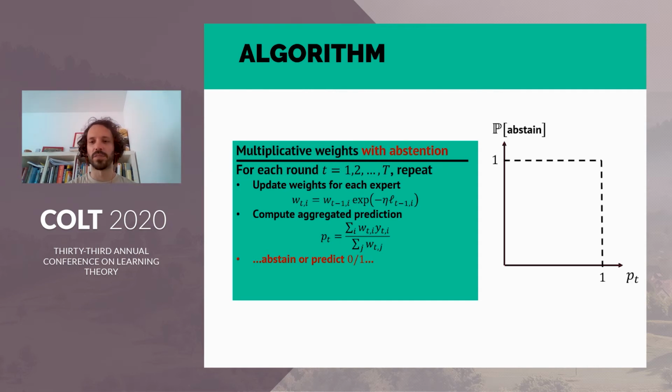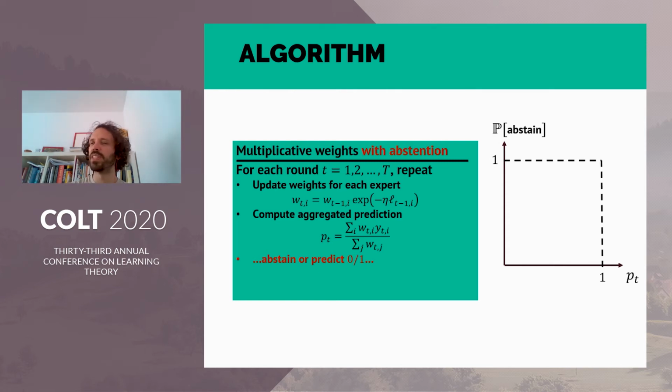So I'm just going to show you some corner cases first that are going to justify our choice of abstention function. This is going to go as follows. Obviously, if p is either 0 or 1, we have no reason to doubt the output of our multiplicative weights algorithm. So we are definitely not going to abstain if p is 0 or 1.